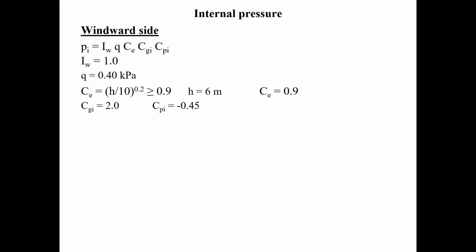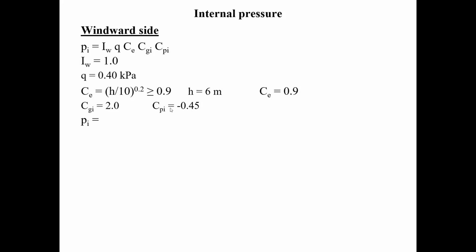There are different values for a building that has no windows, only one little door. They recommend this because sometimes you can leave the window open, or the wind can gust right in. That's why they want you to use a gust factor of 2 here.